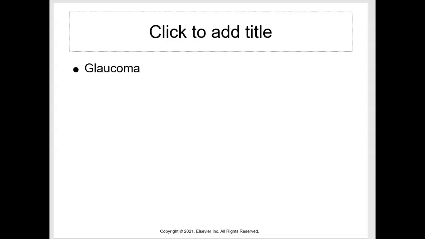Glaucoma is something you are going to encounter in practice. It's the leading cause of preventable blindness in the United States. About 120,000 Americans are blinded each year by glaucoma, and about 90% of those could have saved their sight with timely treatment.